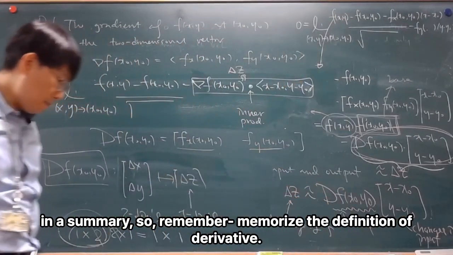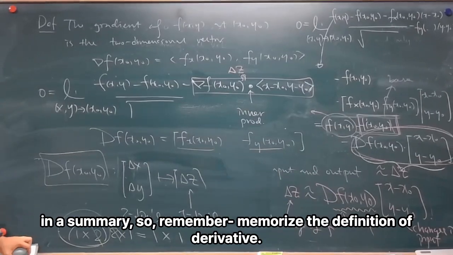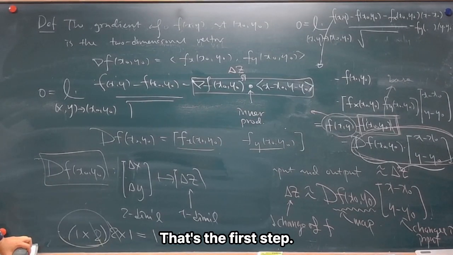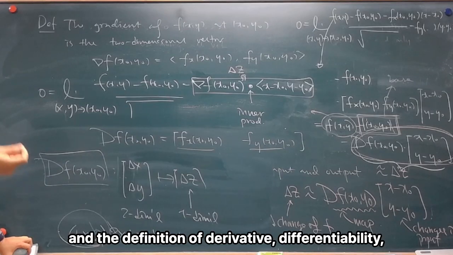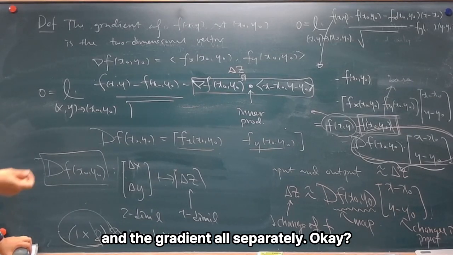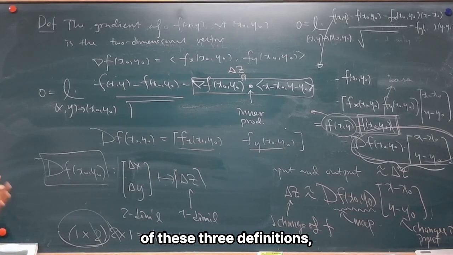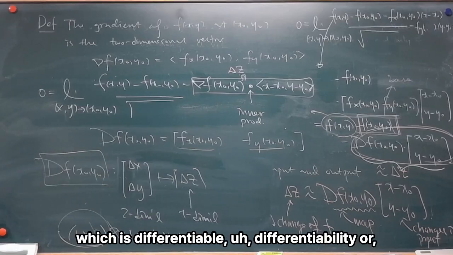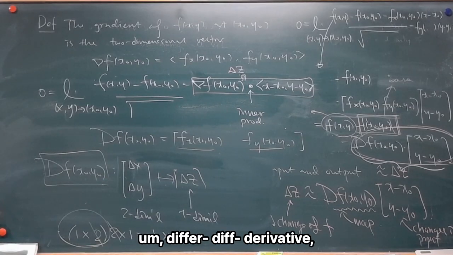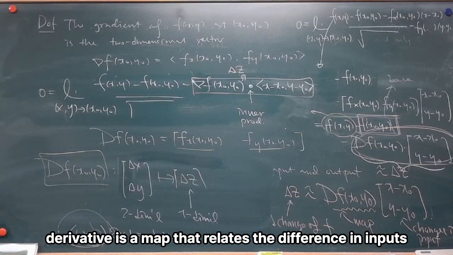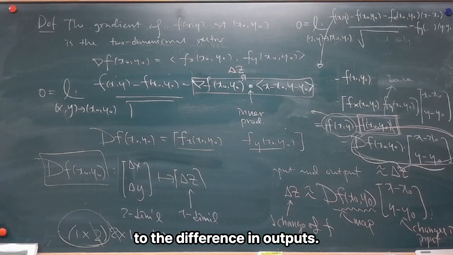So in summary, memorize the definition of derivative. That's the first step. You have to memorize the derivative, the definition of derivative, differentiability, and the gradient all separately, okay? But also, you need to have a good intuition which unites the meaning of these three definitions, which is differentiability or derivative. Derivative is a map that relates the difference in inputs to the difference in outputs.